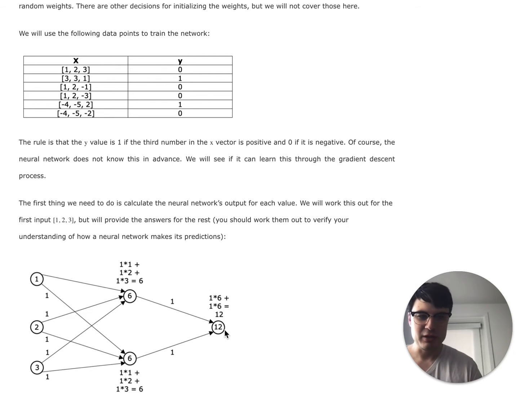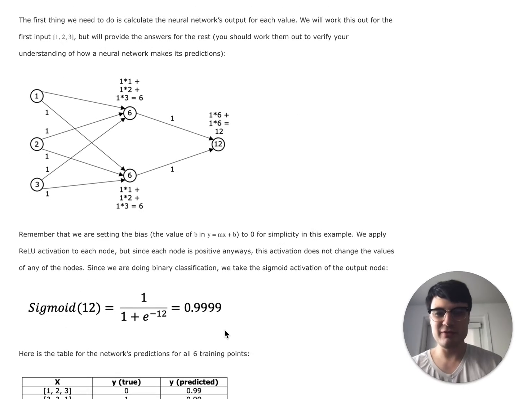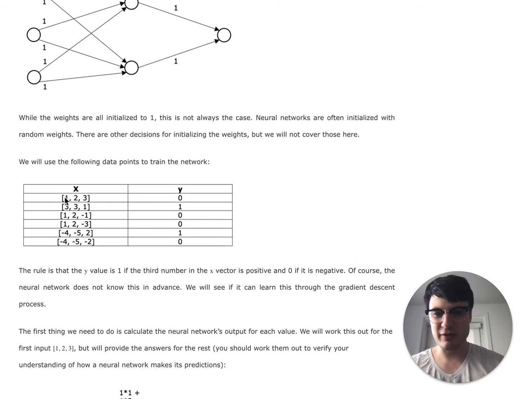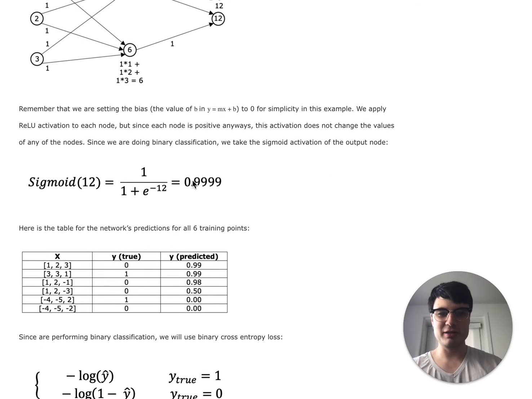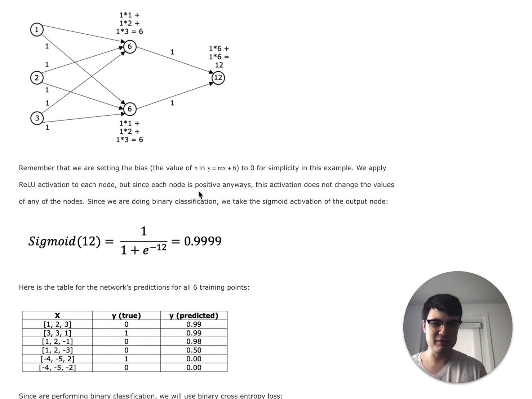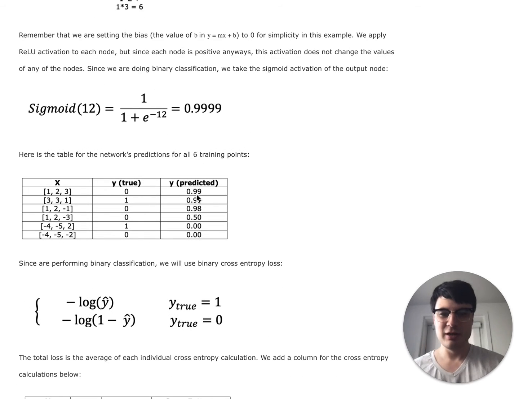Using what we learned in the previous video, for this first data point consisting of 1, 2, 3, it's going to output 0.999 probability. And if we apply what we did in the previous video for all these data points, we see that the first 2 get 0.99, next one gets 0.98, next one gets 50, and the last 2 get 0.